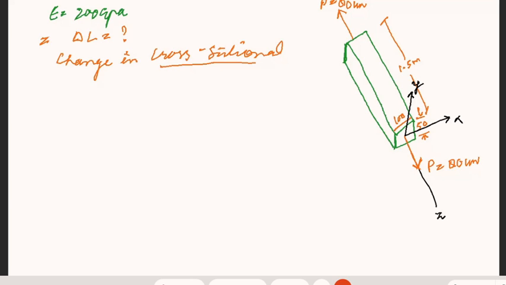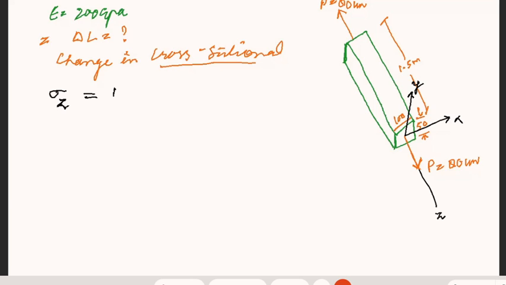There will be change in the x-axis and there will be change in the y-axis. So first of all, let's see what stresses are going to develop in the z-axis, because the force is in the same axis. So we can simply calculate the stress in the z-axis.